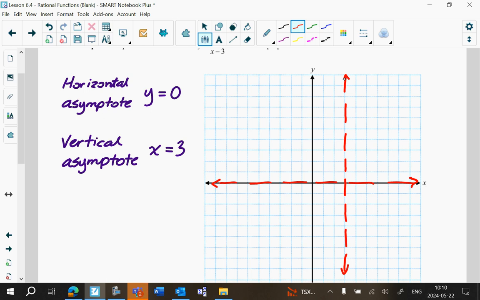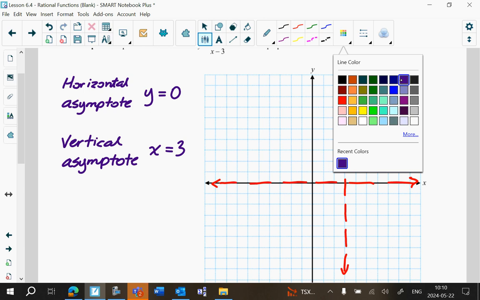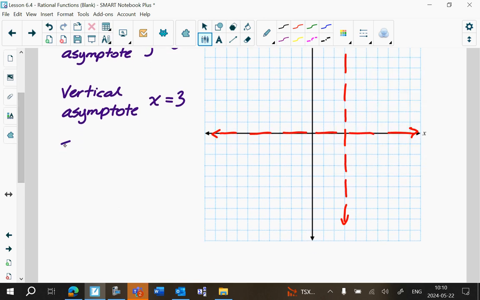We're not going to do a very complicated table of values. We're going to do a table of values and pick a number on either side of 3, because 3 is the asymptote.